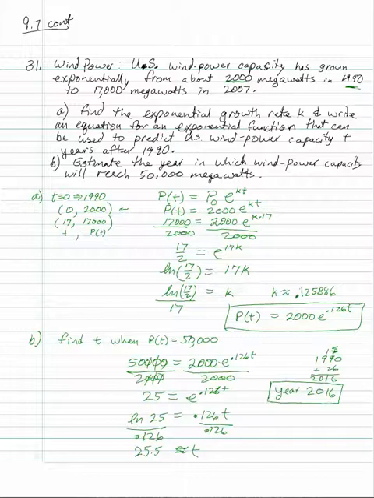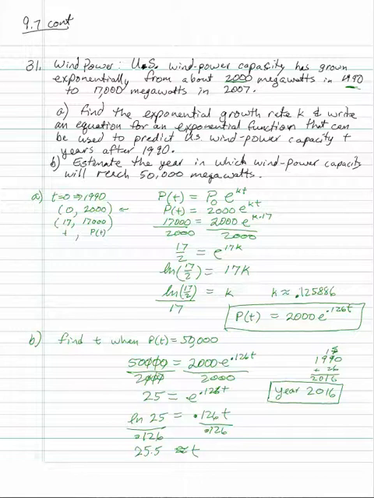Let me try that. ln of 25 divided by 0.1258886. No, still 25.5. So anyway, so that'll be year 2016.